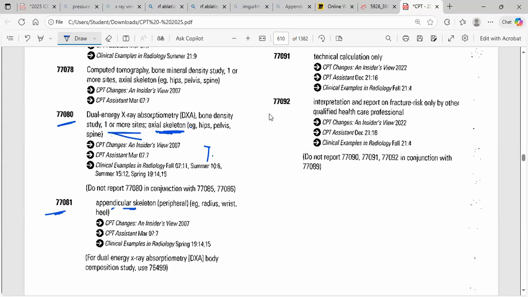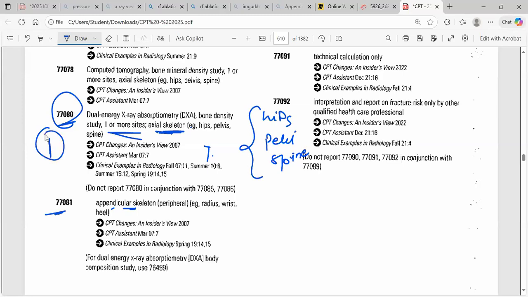That means if the study is performed on the hips, pelvis, and the spine, all three locations, still you are going to bill this only one time. Why? Because this is complete for the axial skeleton. Okay, so let's move further.